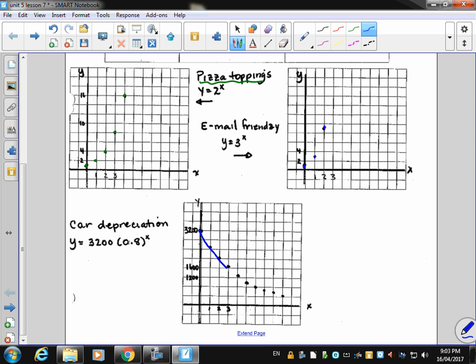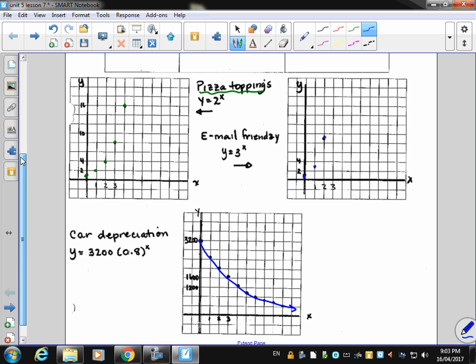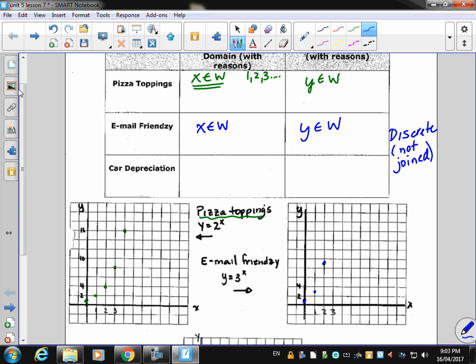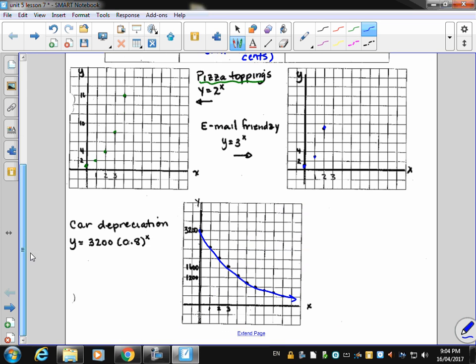Can we join those dots and use those values in between to estimate the value of our car? I suppose so, but only to 2 decimal places. I would say that x is a real number, but make note of the fact that it's in dollars and cents. Can x be negative when you're talking about the value of your car?